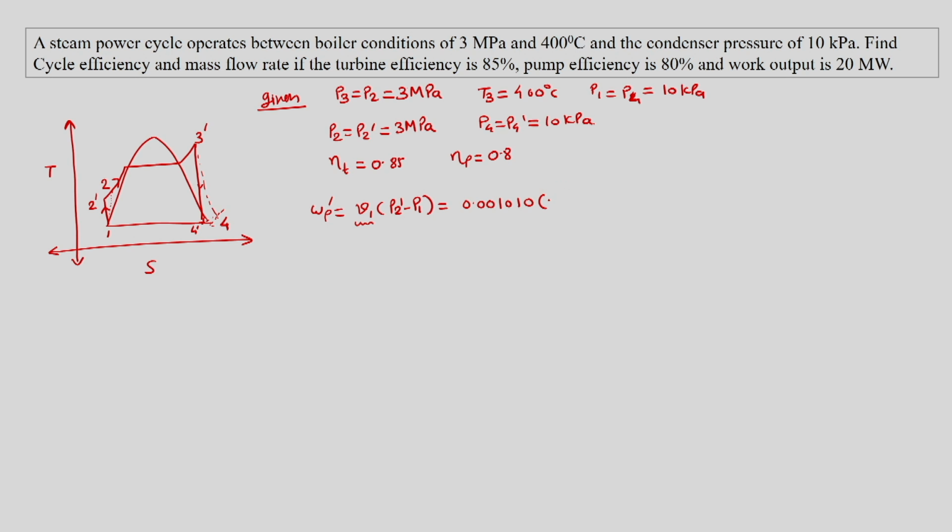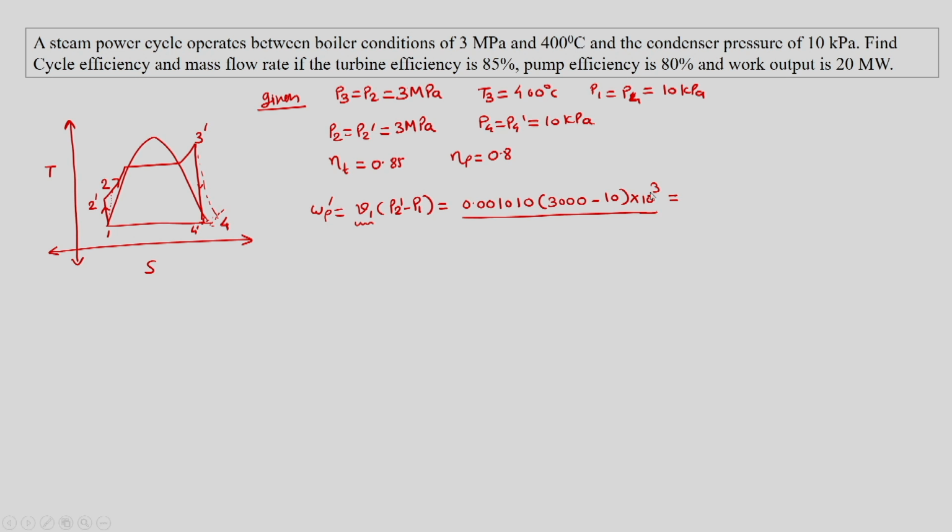P2' is 3 megapascal, so 3000 kPa minus 10 kPa, into 10 to the power 3 in terms of Pascal, and this will give us the pump work in the ideal sense.